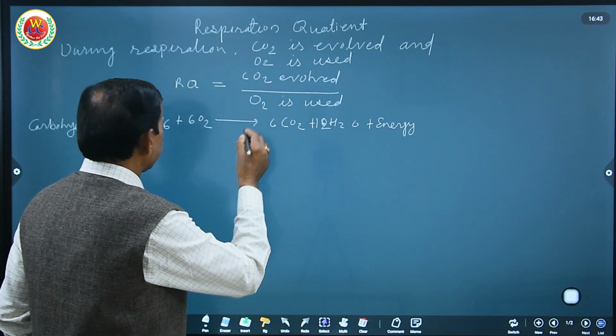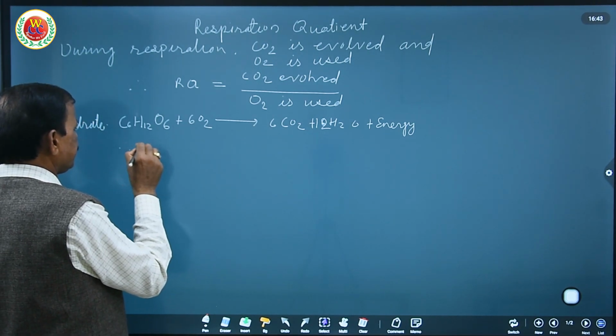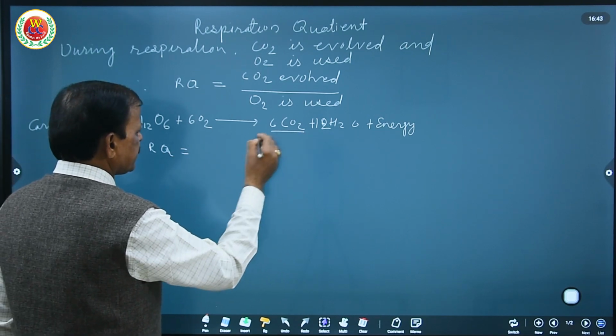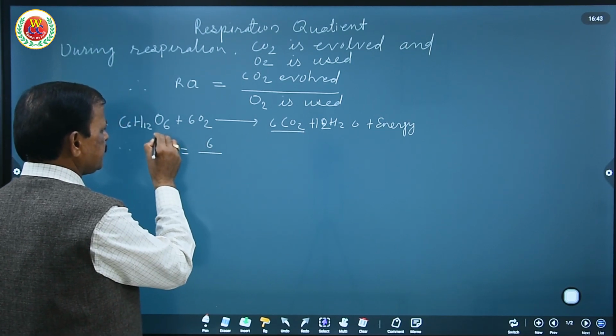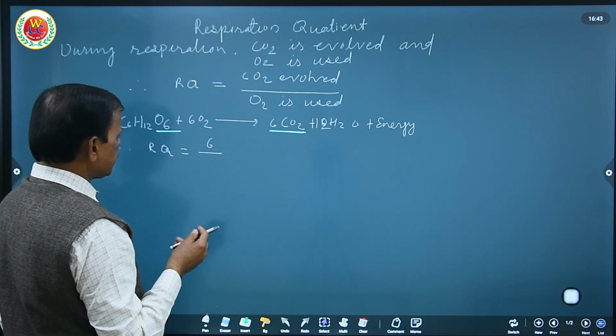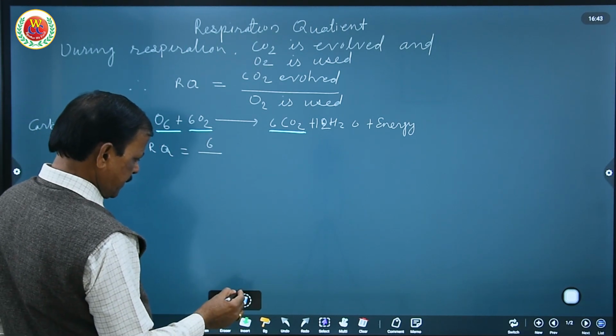How much energy is released, we learn in respiration. Here the topic is respiratory quotient. Therefore, RQ of carbohydrate is equal to carbon dioxide evolved, 6, over oxygen used, 6 molecules.